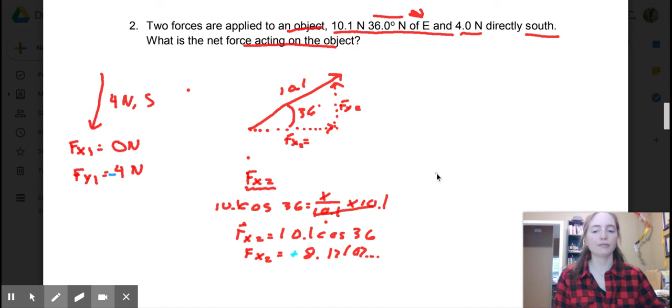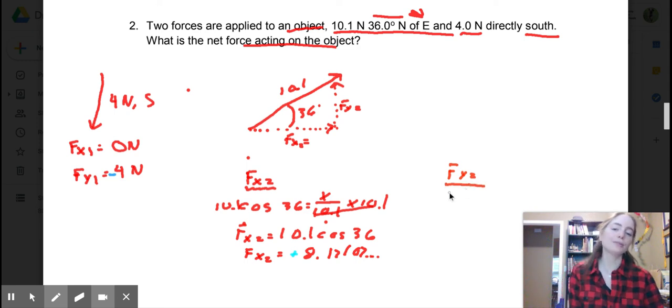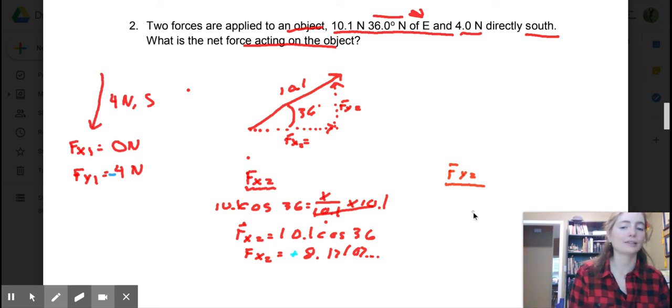And now I'm going to find my force on the y for my vector 2. Now for this one, I'm going to use sine. The reason I'm going to use sine is my force on the y is opposite of that 36 degrees.